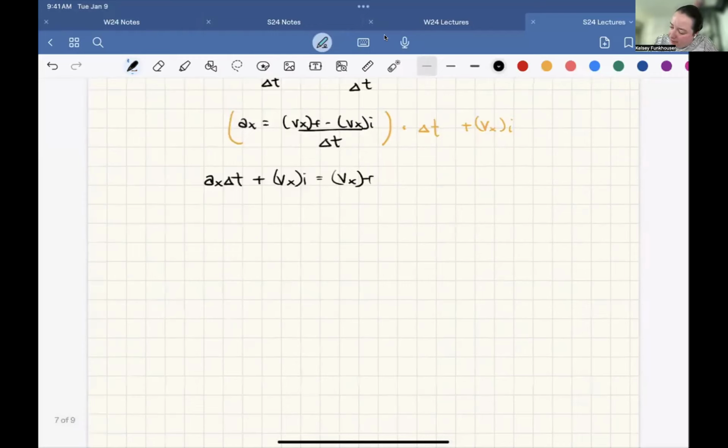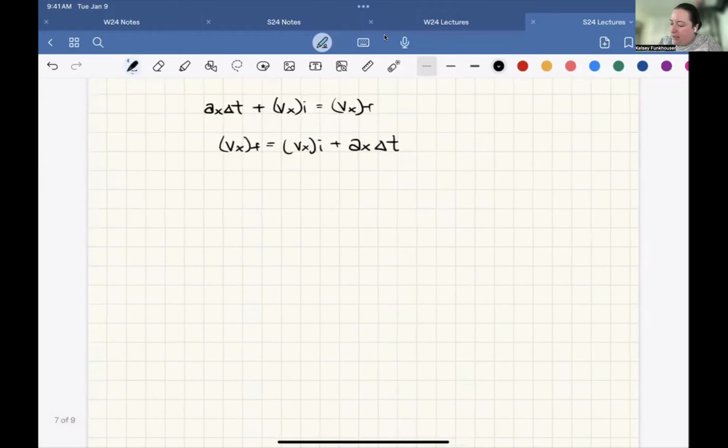I'm going to write it in our more traditional order so that the start of the function is on the left side. So v_x final equals v_x initial plus acceleration in the x direction times the time interval. So that's one of the equations. Then we have position with constant acceleration.